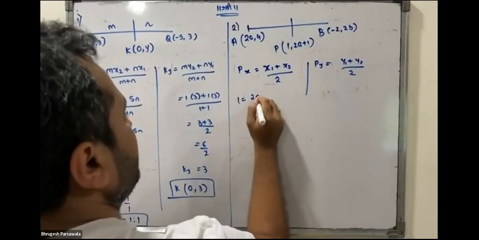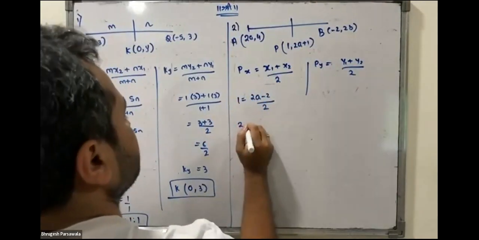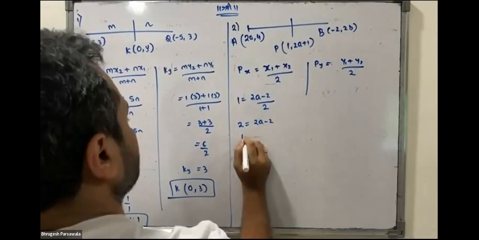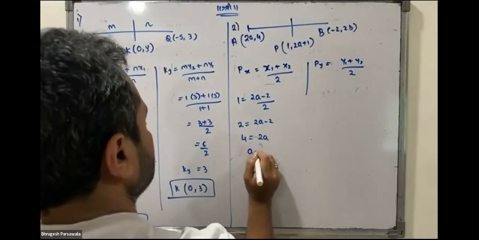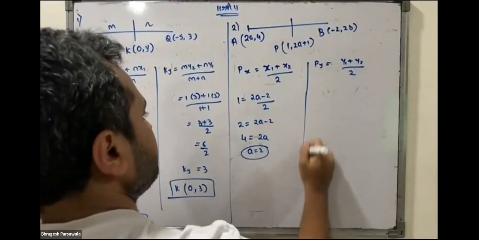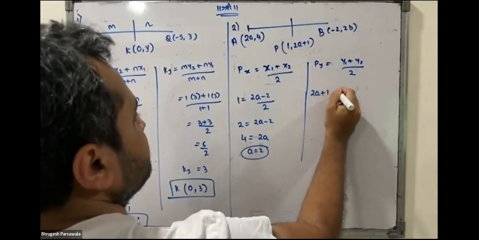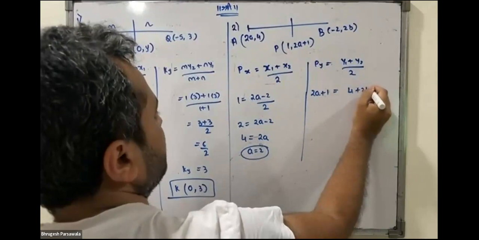Therefore 1 is equal to 2a minus 2 upon 2. And P of y is 2a plus 1, which is 4 plus 2b upon 2.